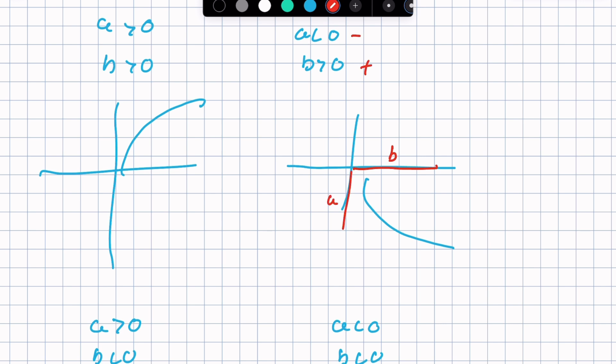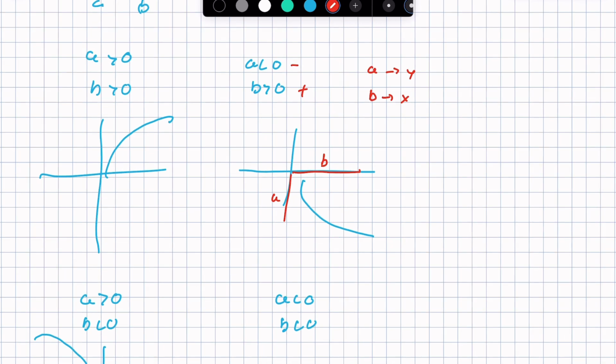So what I would do is, when you're trying to think which is negative, which is positive, B is X, and A is Y, okay?